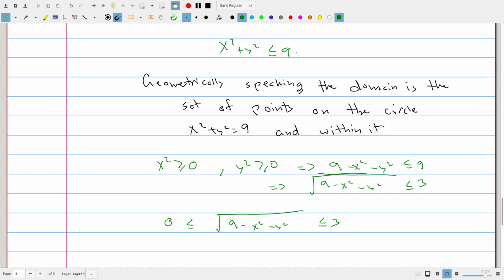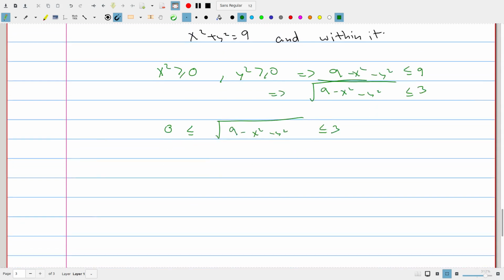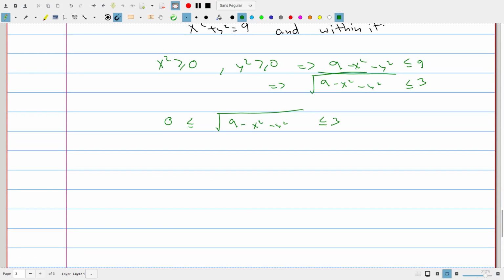So the range of f of x, y equals the square root of 9 minus x squared minus y squared, is between 0 and 3. Alright, cool.